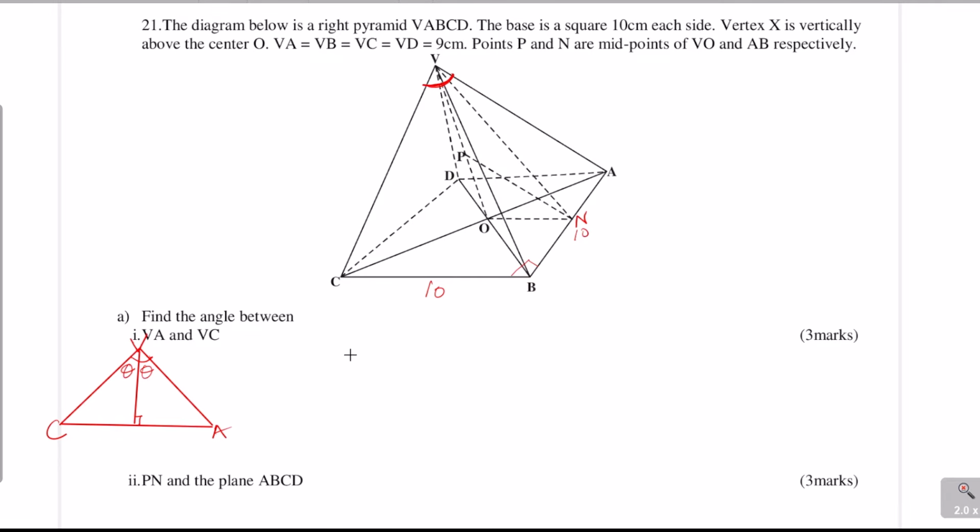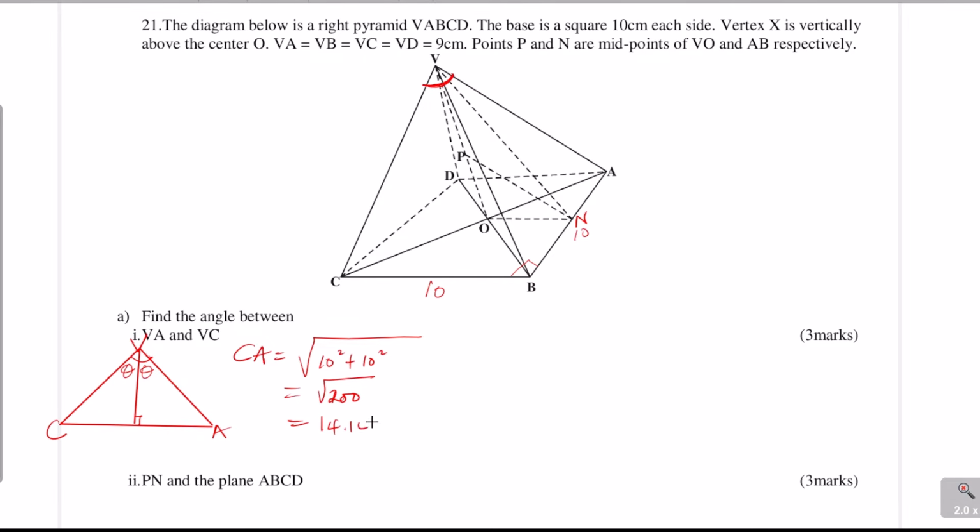So using Pythagoras theorem, CA is 10 squared plus 10 squared, which gives the root of 200. The square root of 200 is 14.14.